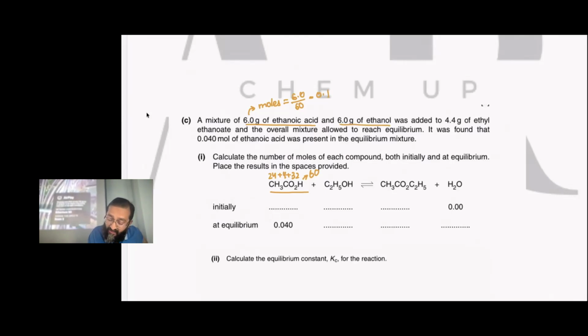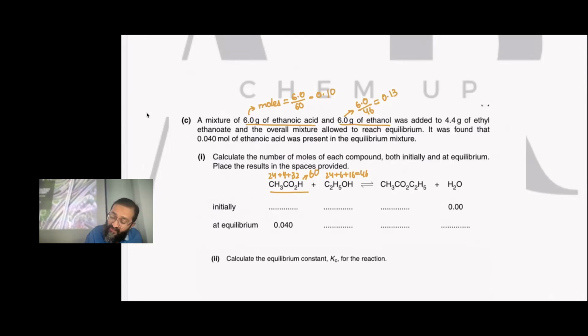So if I work on the MR of ethanol, 24 plus 6, which is 30, plus 16, which is 46. So 6.0 over 46 is 0.13. Okay, so 0.13 moles. So over here we got 0.10 moles.